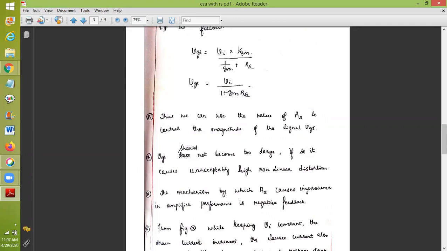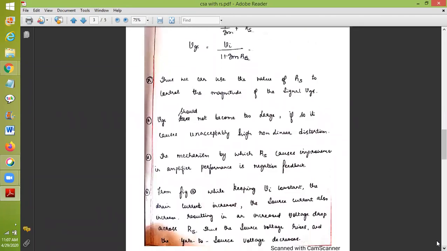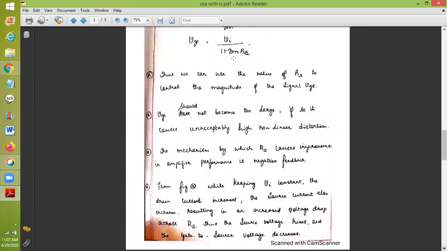That is why, if the value of Rs is very small, the magnitude of VGS is very high, and there will be non-linear distortion. So we should not make the value of VGS very high. What is the advantage of placing this Rs? By placing the resistance Rs, we can improve the performance of the amplifier.